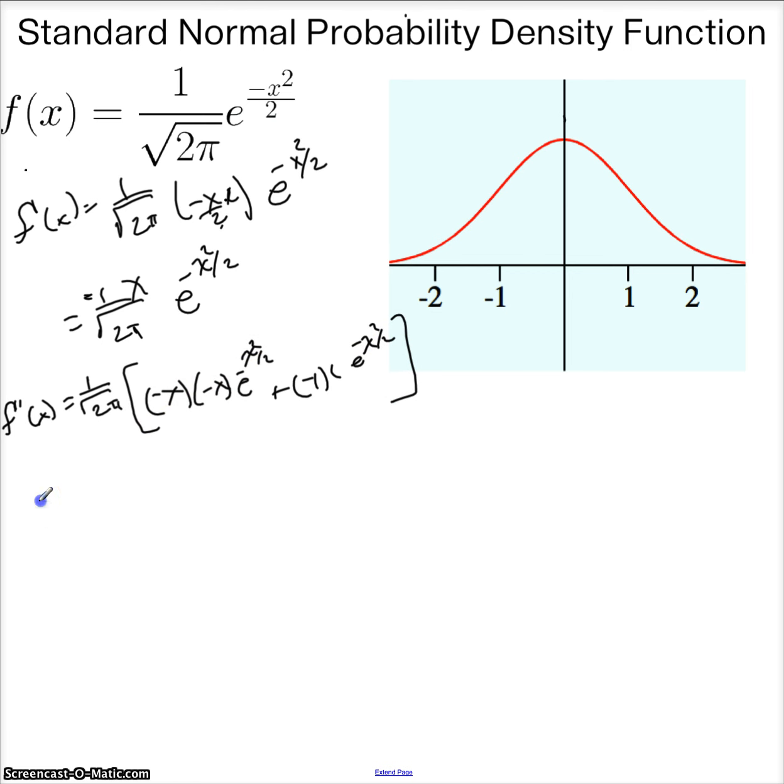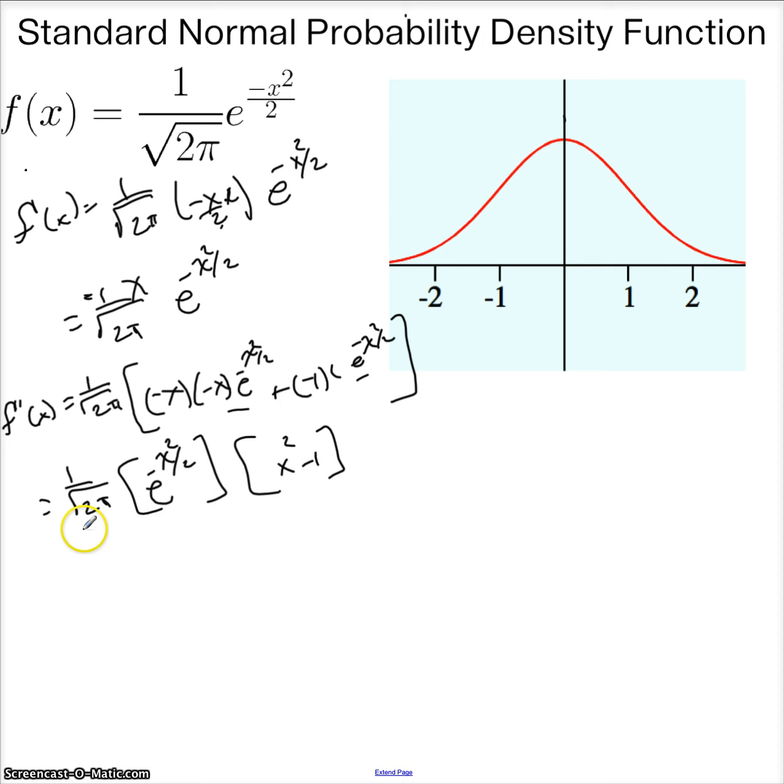Okay, let me just simplify this. This is 1 over the square root of 2 pi times. I'm going to factor e to the negative x squared over 2 out because it's just in my way. And what am I left with? I'm left with x squared minus 1.